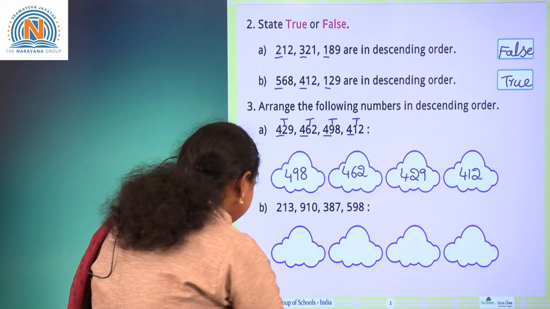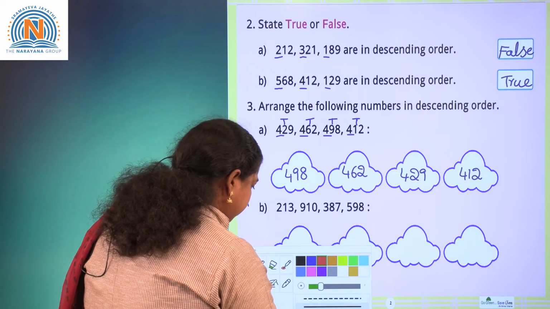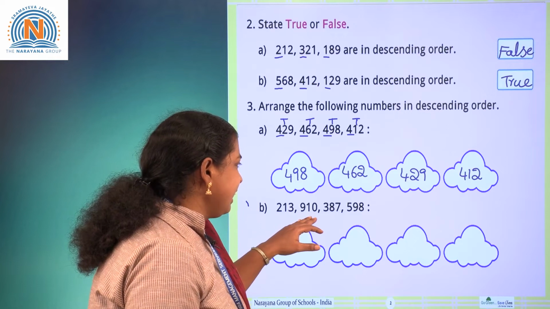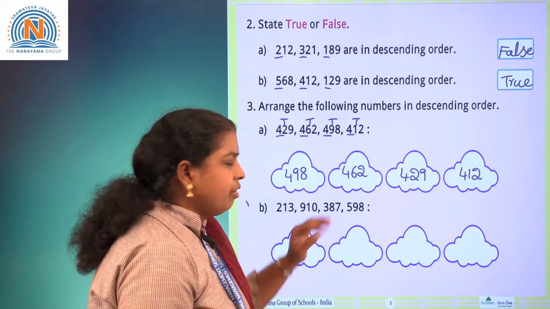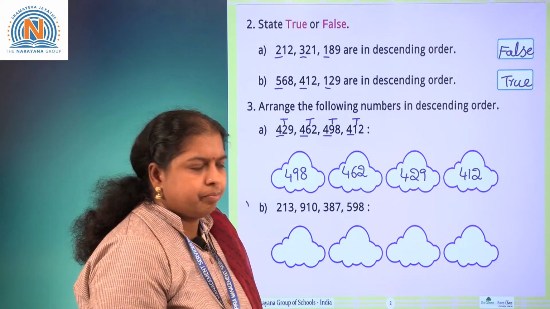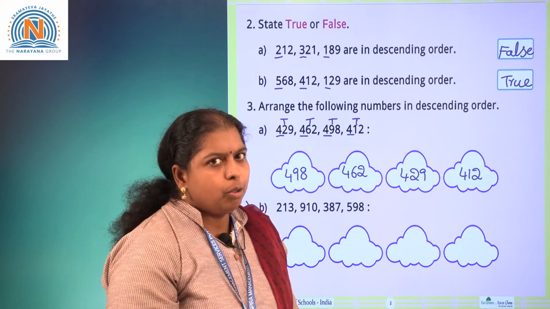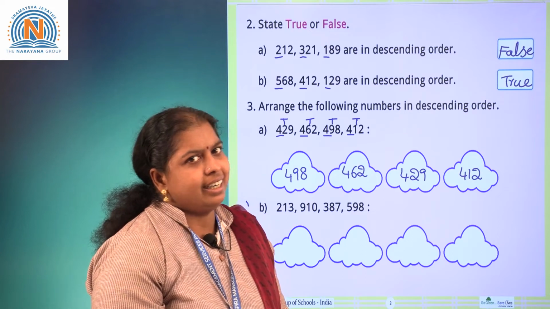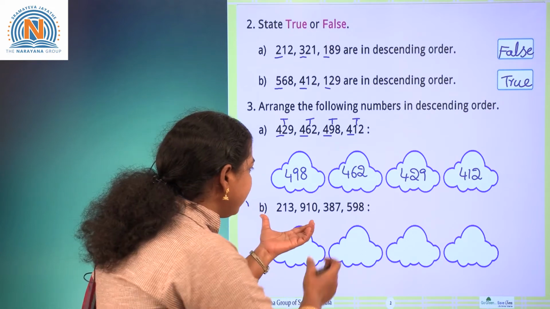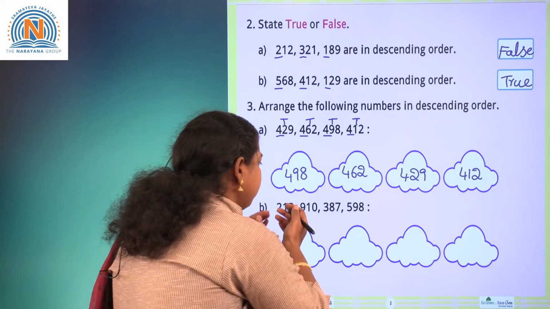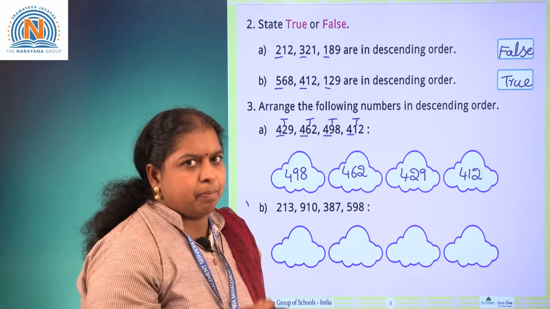Let's solve the next one. 213, 910, 387, 598. While arranging the numbers in descending order, you have to look for the digits in the hundreds places, because the given numbers are 3-digit numbers and the highest place of the given number is hundreds place.